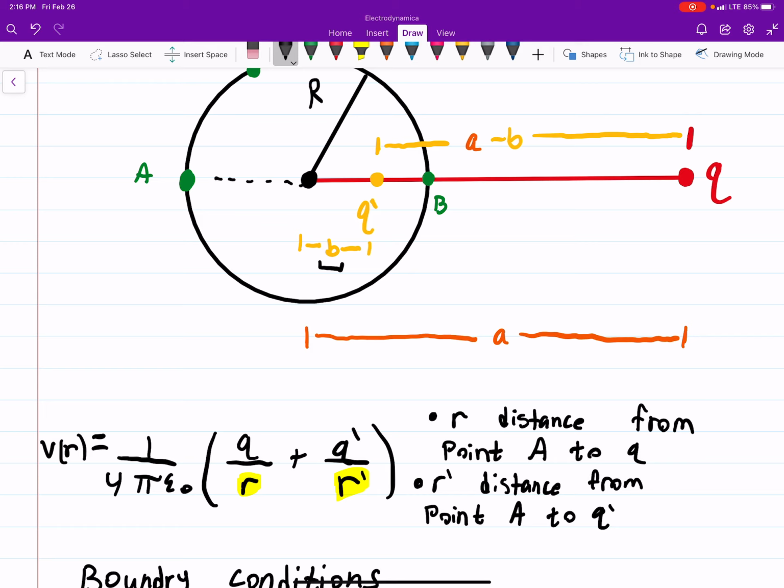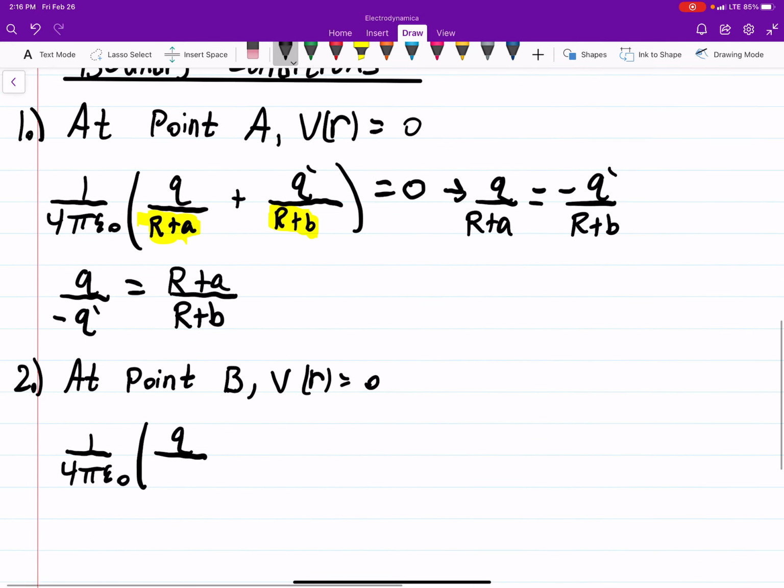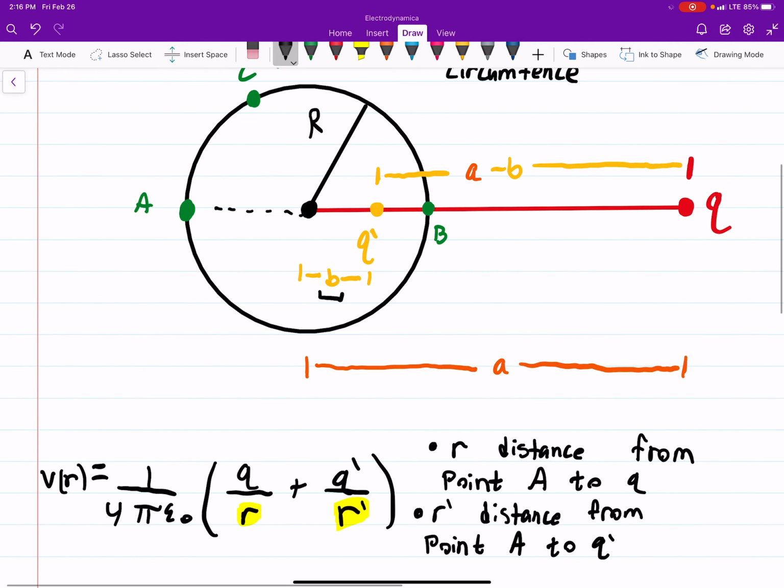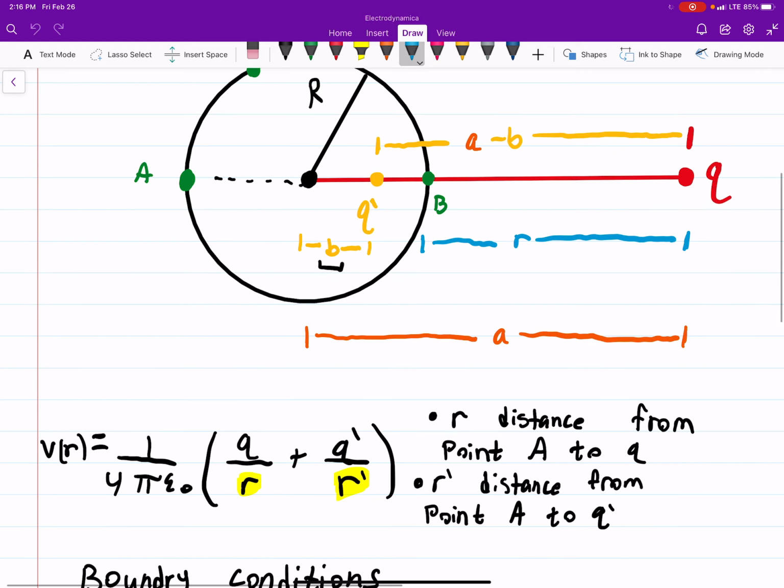Instead, we want to do A, and then we want to take away R. A minus R gives us B. So we'll do A minus R. Hopefully that makes sense. We're basically finding this distance. The R for this one, which hopefully you see is just A minus R.